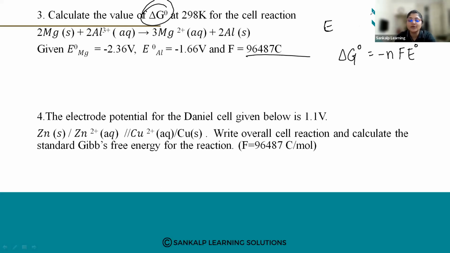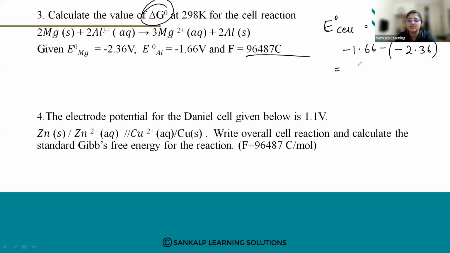First you have to find out the E naught of cell. E naught of cell is equal to E cathode minus E anode. E cathode is aluminium. So E naught of aluminium minus E naught of Mg. E naught of aluminium is minus 1.66, minus E naught of Mg which is minus 2.36.